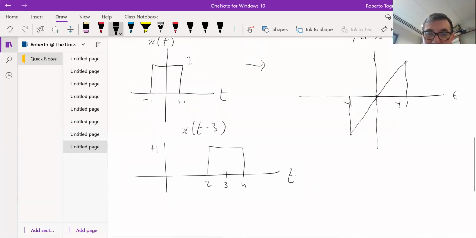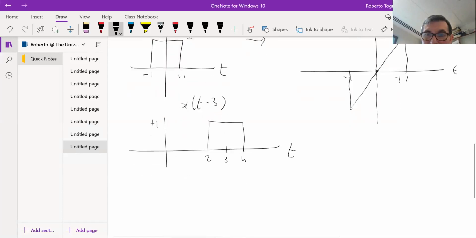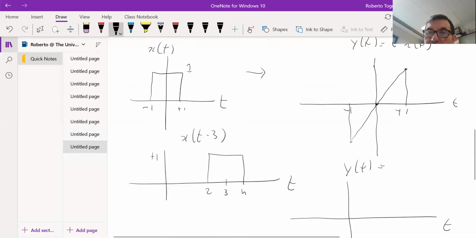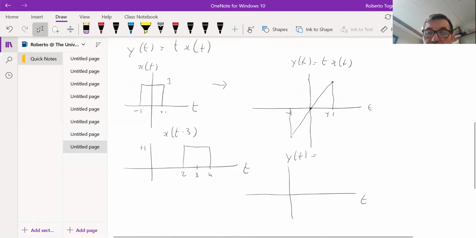Now, what's going to happen here? Whoa, okay. This is going to be a bit more intriguing. So now what y(t) is equal to, I'm going to leave open. And I need to shrink this so you can see. So what we'll do now is purely consider the waveform.